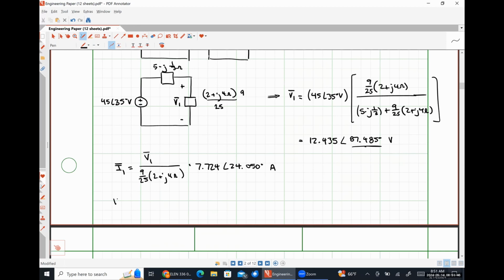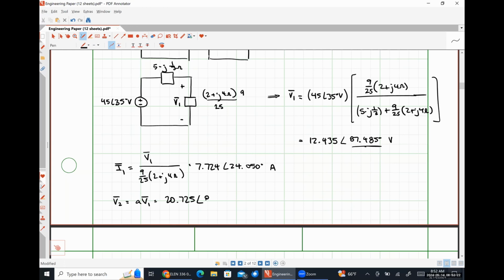How do we get V2? Is it A times V1 or V1 over A? A times V1. So that's just going to be 5/3 times 12.435, which is 20.725.